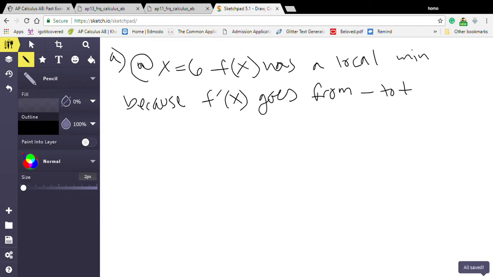Here you get 1 point for writing x equal to 6 and doing the justification. If you just write x equal to 6, you're not going to get any point. You have to write the whole thing to get the 1 point.